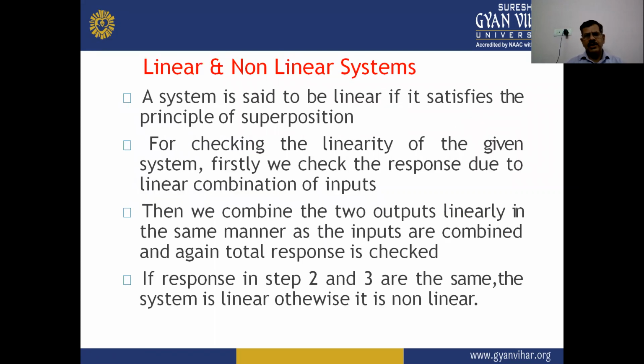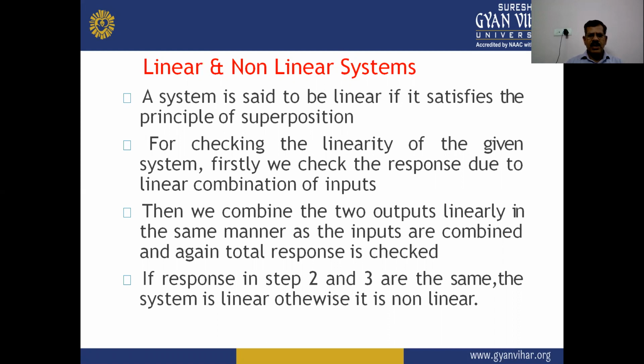Linear and non-linear systems. A system is said to be linear if it satisfies the principle of superposition. For checking the linearity of a given system, first we check the response due to a linear combination of inputs.